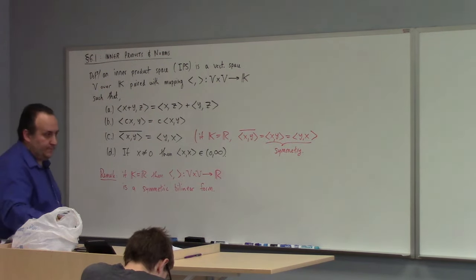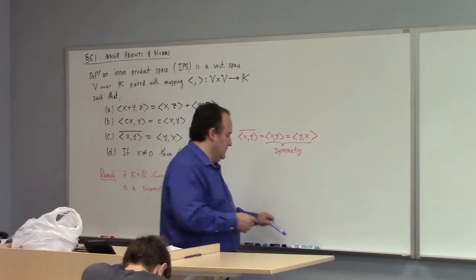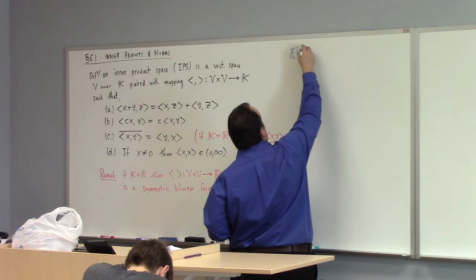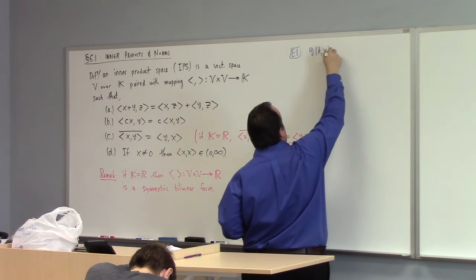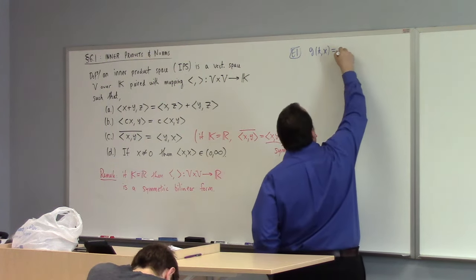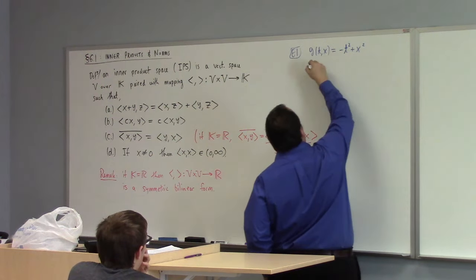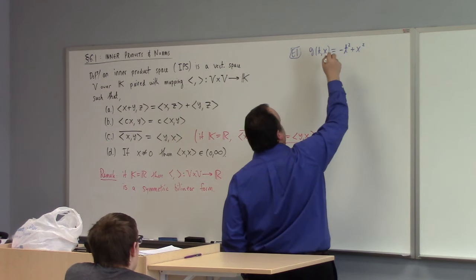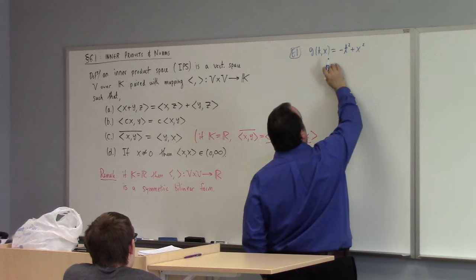All right. If you doubt me, for example, if I was to take, say, g of t comma x equal to, minus t squared plus x squared, then, oh my, rats. Sorry, that's not what I want.